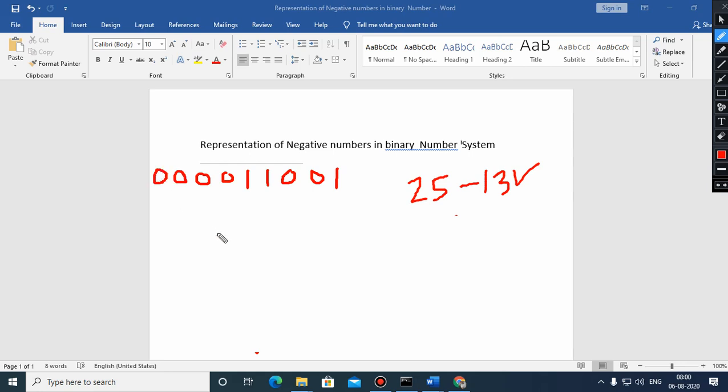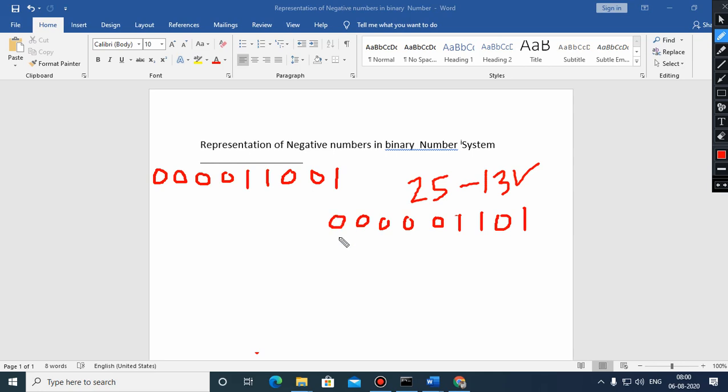So this is 25, and remember how to represent this 13. So 13 is, this is 8, this is 4, this is 12, this is 2, and this is 1, which is 13. This is a 4-bit binary representation, and if you add 4 more zeros, you will get plus 13, along with the sign bit.